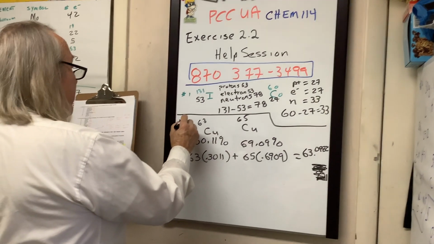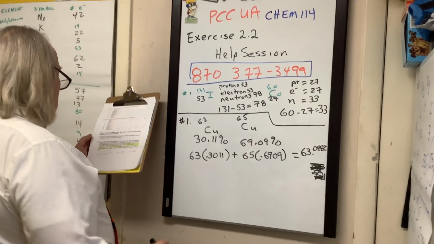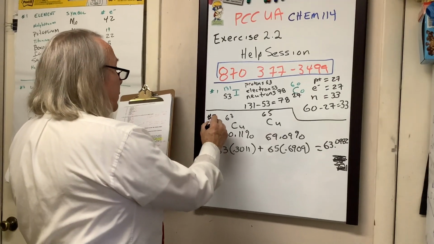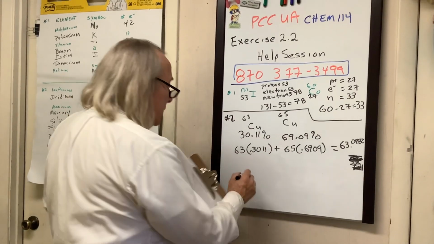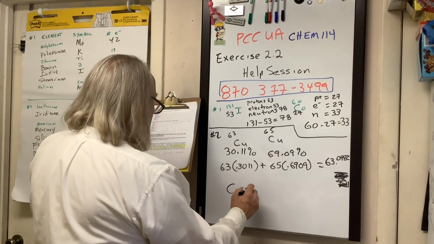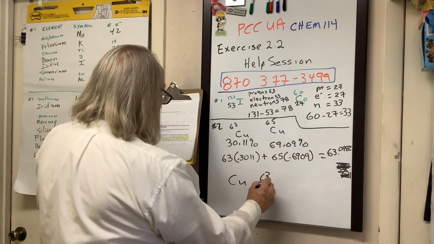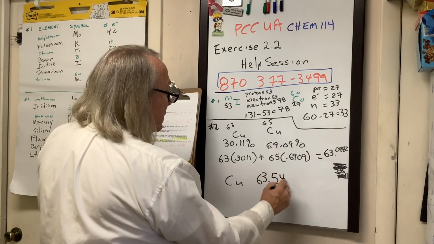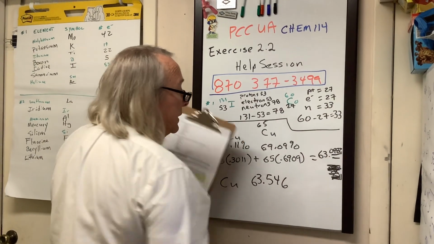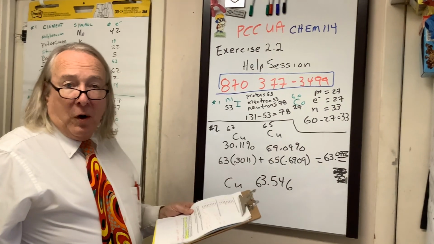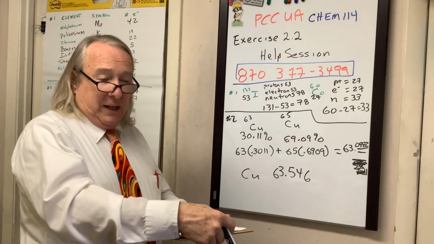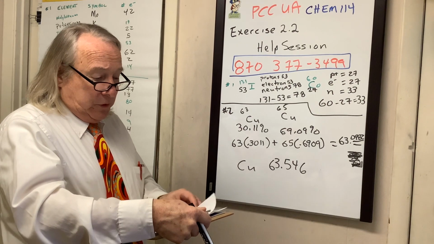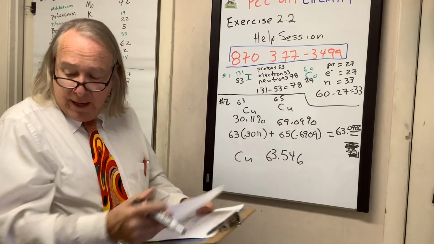And I have last year's Flynn Scientific Periodic Table of the Elements, and it said that copper has an average atomic mass of 63.546. So it's really 0.4 of a gram, half a gram off. This was just an exercise, I guess. I don't know if they were using real numbers or just throwing that out there.